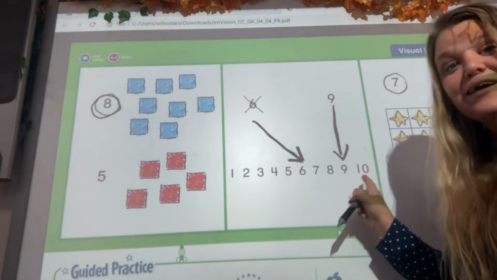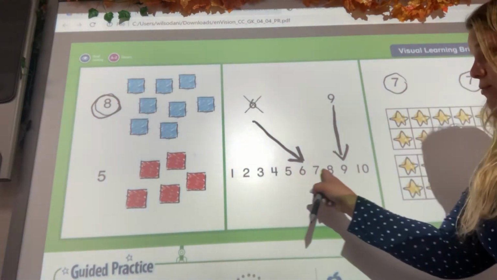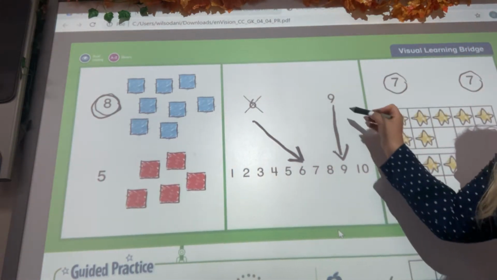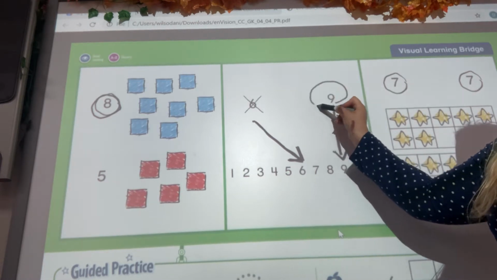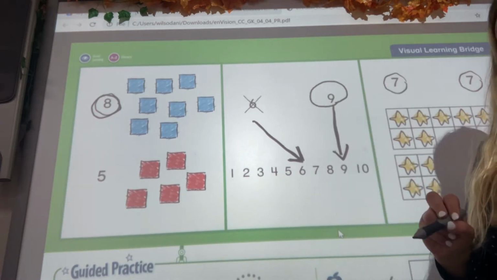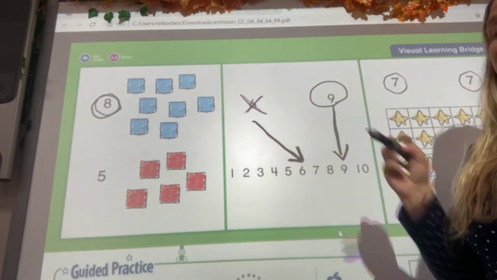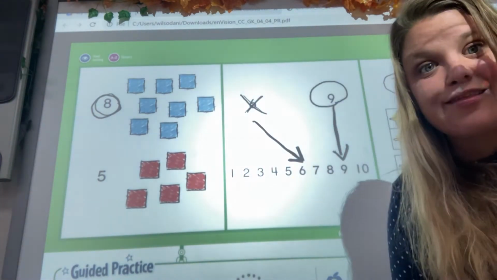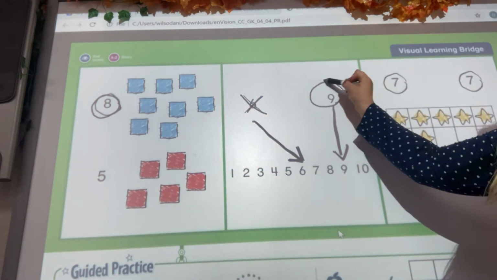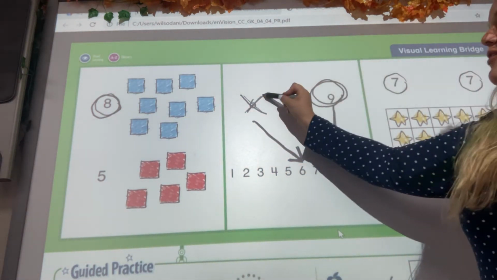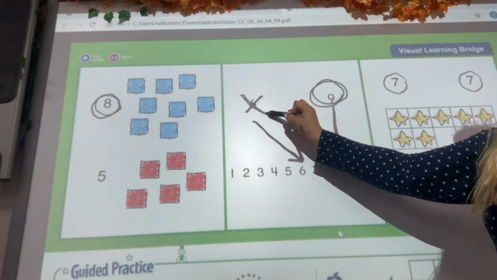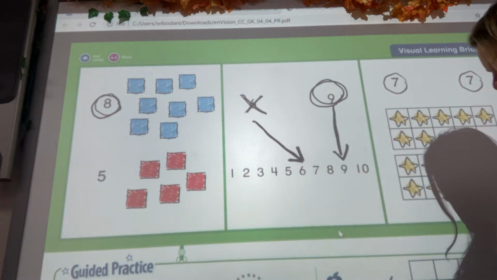Remember, the back of the number line is always more. 9 is more. I'm going to circle number 9. That is more. And I can cross out the 6 to mark it as less. My 9 is more. I'll circle it. My 6 is less. I'll cross it out.